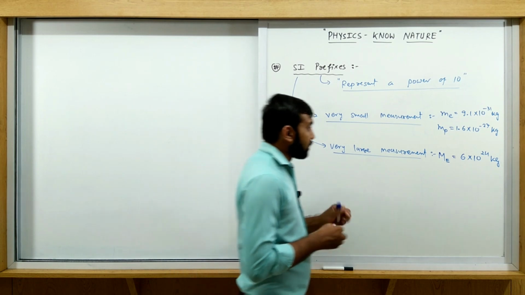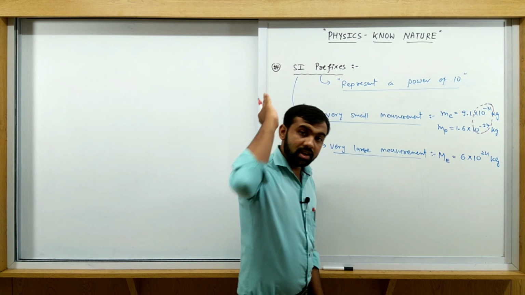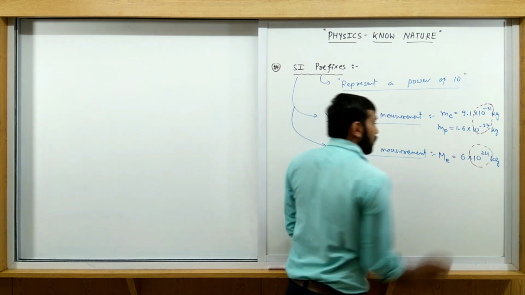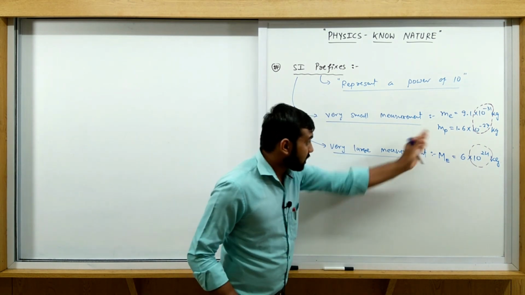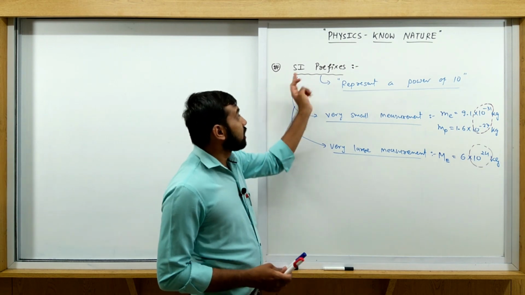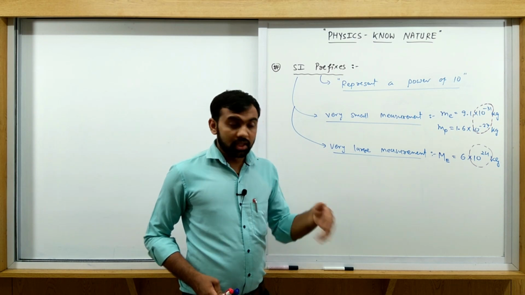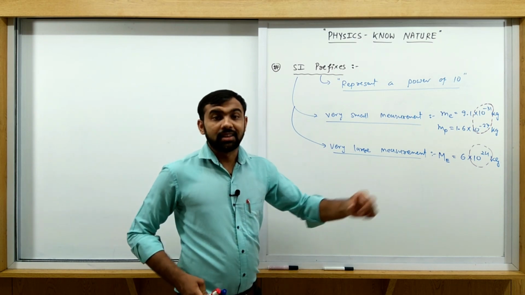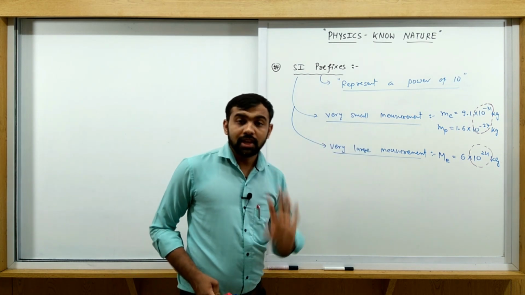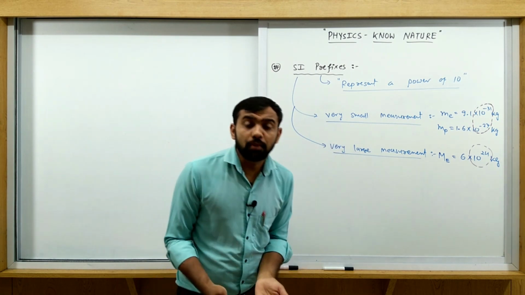See here, this is very small, 10 raised to minus 31 or minus 27, and this is very large, 10 raised to 24. This type of measurement is represented using these prefixes, so it is quite helpful to represent it. Otherwise it is difficult to write. So this is helpful for us to represent very small or very large measurements of any physical quantity.